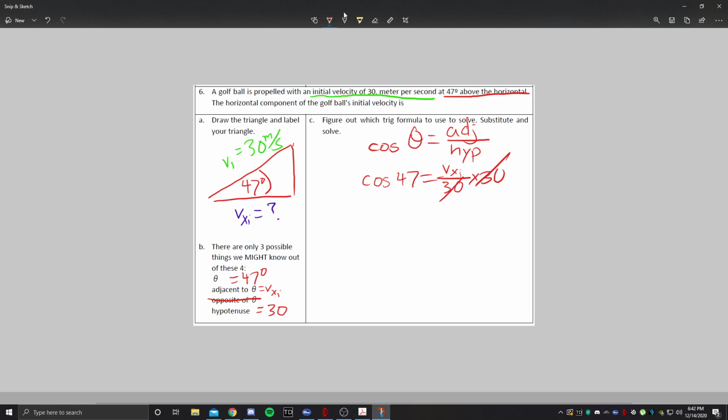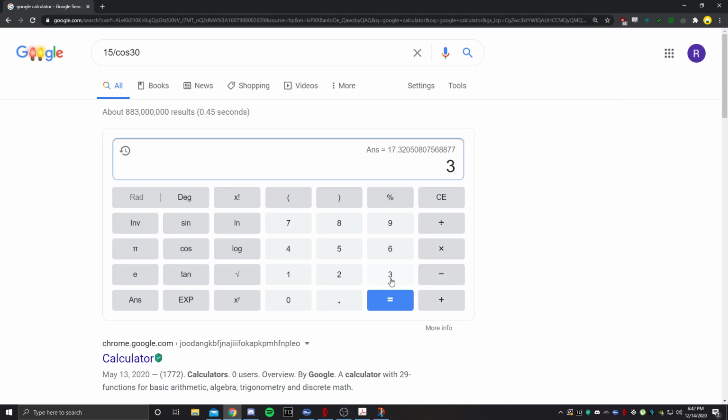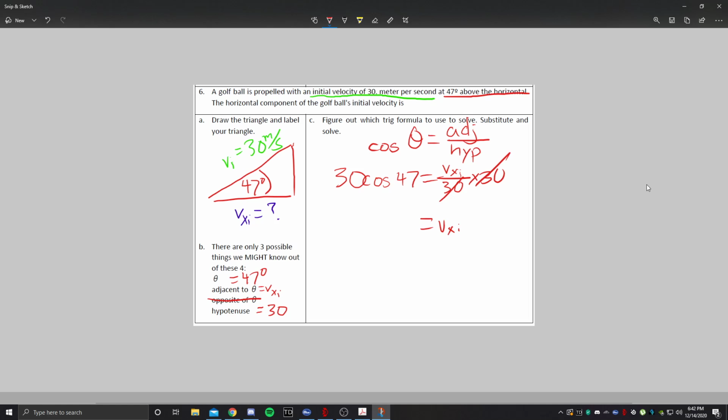Multiply by 30 on both sides and plug this into a calculator: 30 cosine 47. Close the parentheses, and we have 20.5. I'm just going to write it as 20 meters per second. And so that's your horizontal velocity.